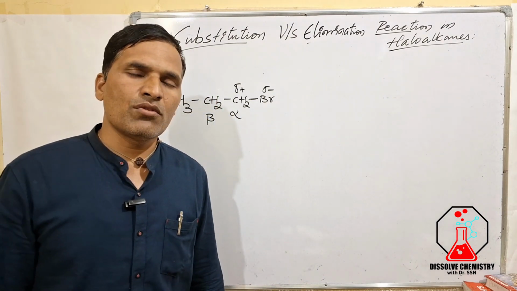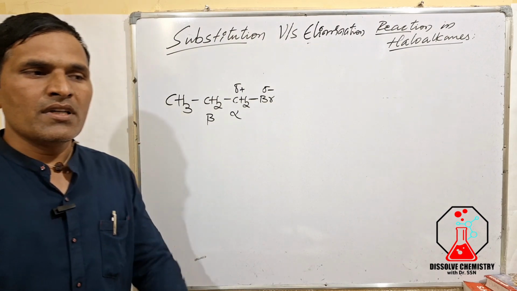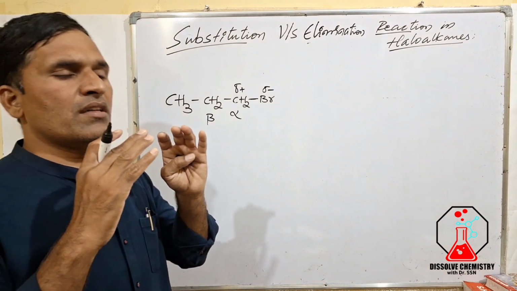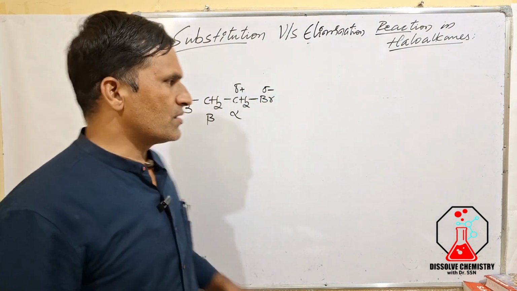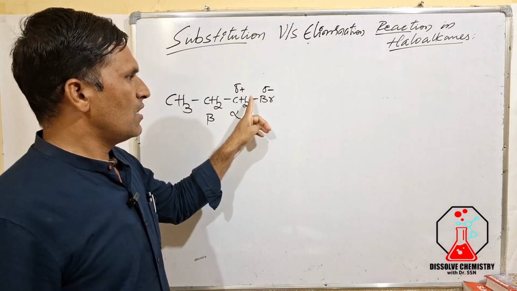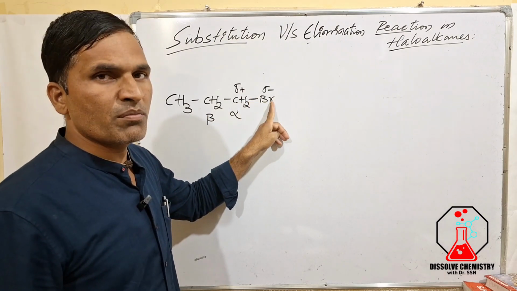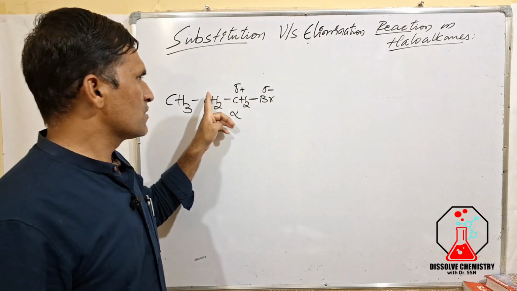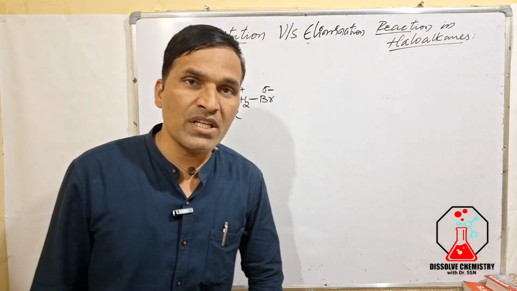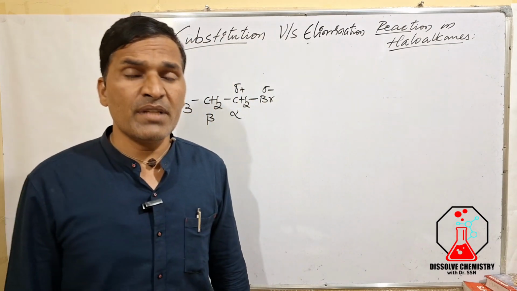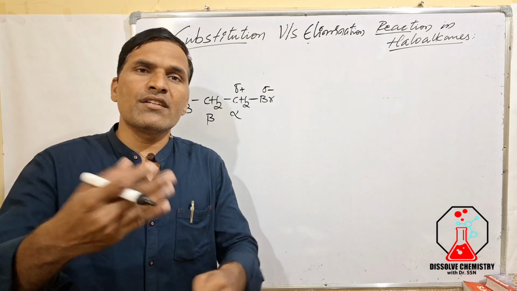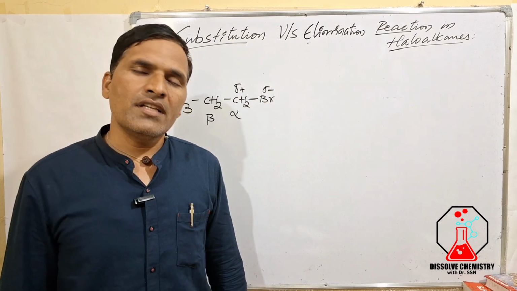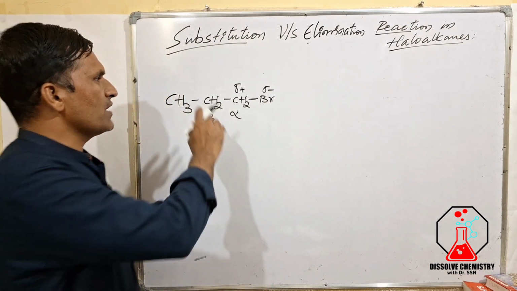If there are beta hydrogen atoms and the nucleophile is a strong enough base, then instead of substituting the halo group, it is going to abstract the proton from the beta carbon atom, leading to dehydrohalogenation, with shifting of the electrons.